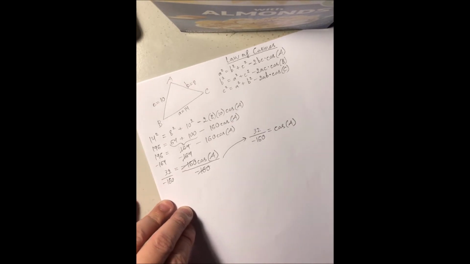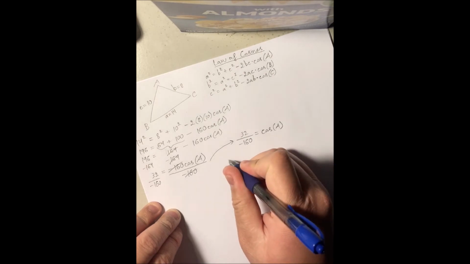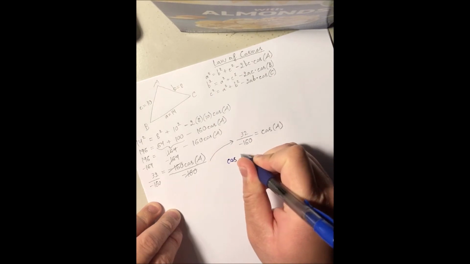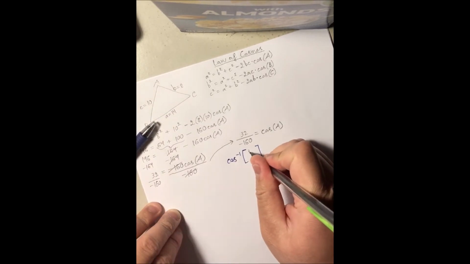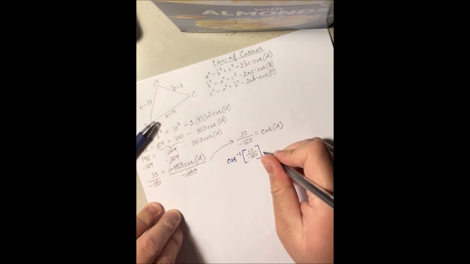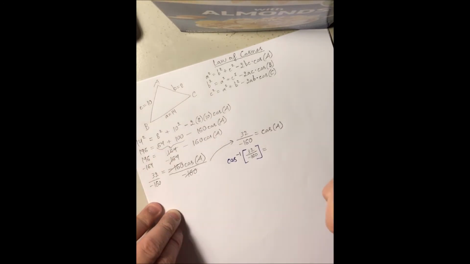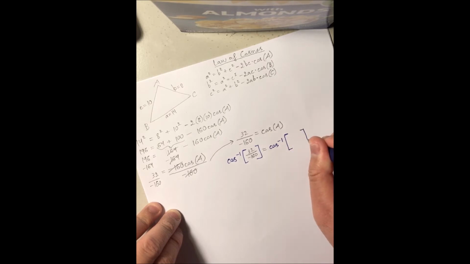Okay, now at this step, we want to get rid of the cosine. So all we have to do is take the cosine inverse of both sides. So that means we're going to have cosine inverse of positive 32 over negative 160, and then equal cosine inverse of cosine of angle capital A. But hey, guess what?